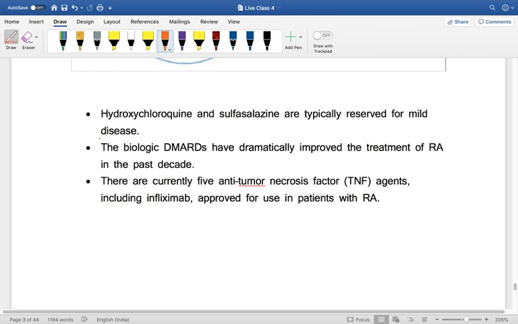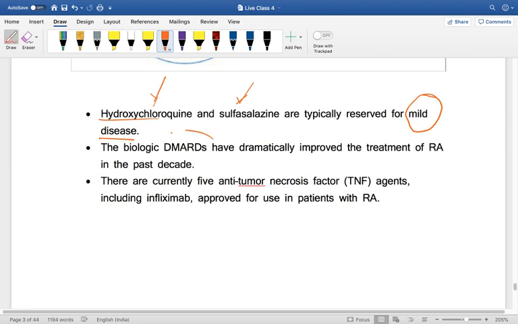Now, if it is a mild disease, you can give hydroxychloroquine, sulfasalazine, especially whenever rheumatoid arthritis, very mild joint involvement hai to hydroxychloroquine. But if you are able to see a lot of erosions in the bone, then leflunomide.